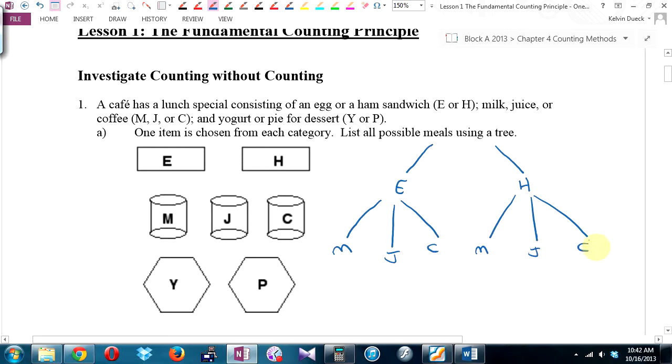Do you see why this is called a tree? It sort of looks like branches. It's called a tree diagram. And then I have 2 choices for each of those: yogurt or pie.